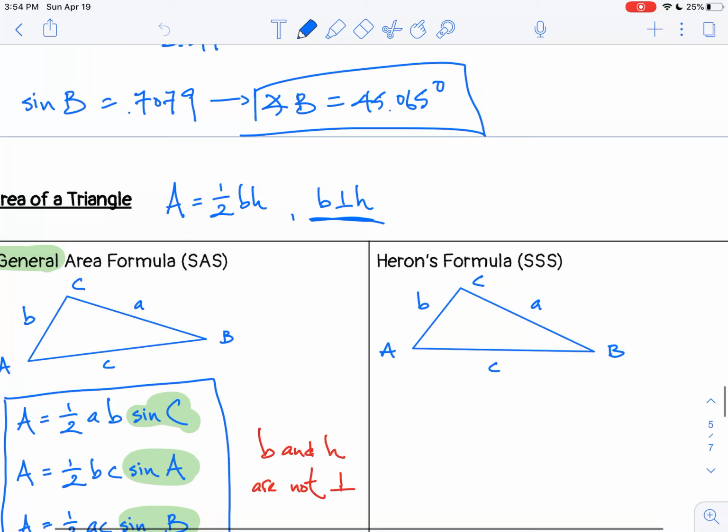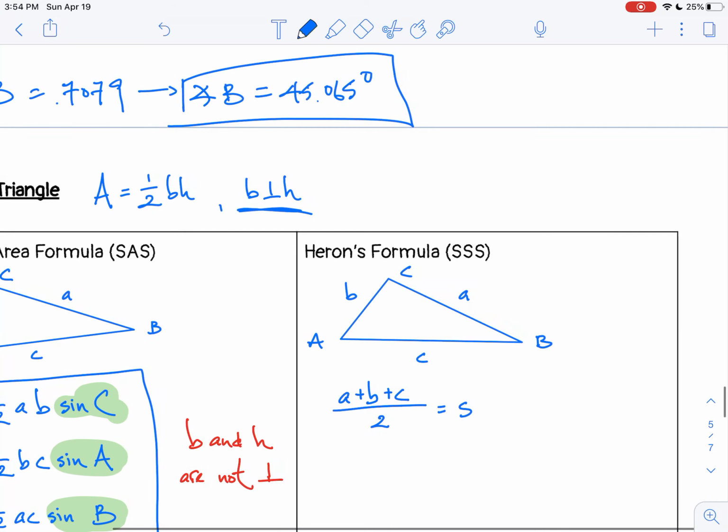Just like there is a perimeter formula for a shape, the perimeter of this shape would be A plus B plus C. But if I take that perimeter and cut it in half, I have something we call S, and S stands for the semi-perimeter.